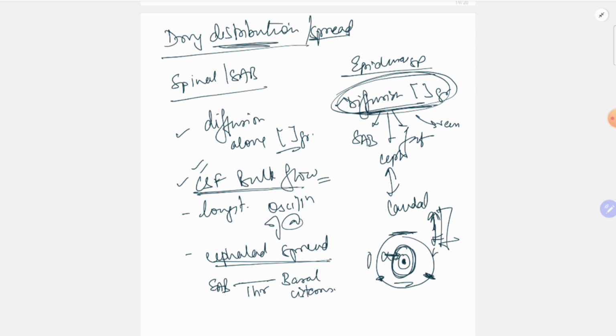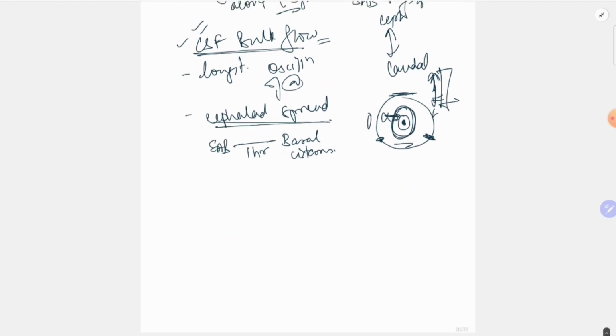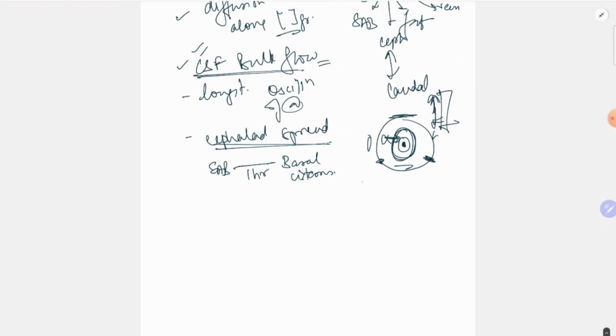Now, what factors affect the drug distribution in the epidural space? One is the small caliber. Obviously, if the epidural space is narrower, there is less space where the local anesthetic has to go. So the spread along the cephalad and the caudad, that is the longitudinal spread, would be faster, right?